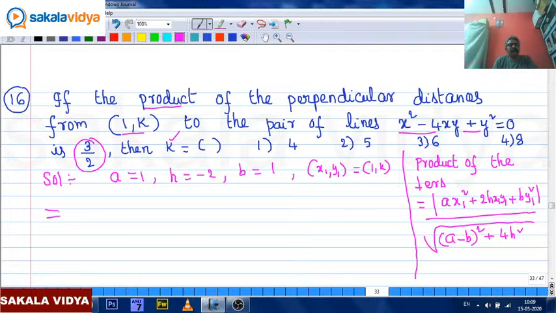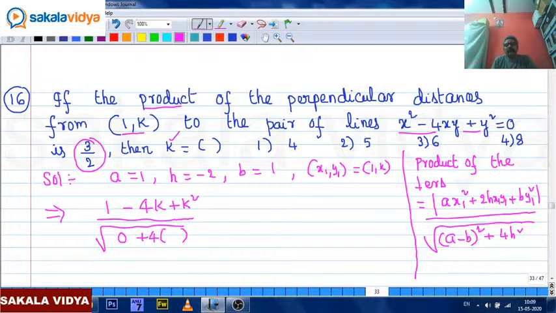So in this substitute (1, k): in the place of x1, we get 1 minus 4k plus k square upon root of (a minus b) whole square. A minus b whole square is 0 plus 4 into h square.